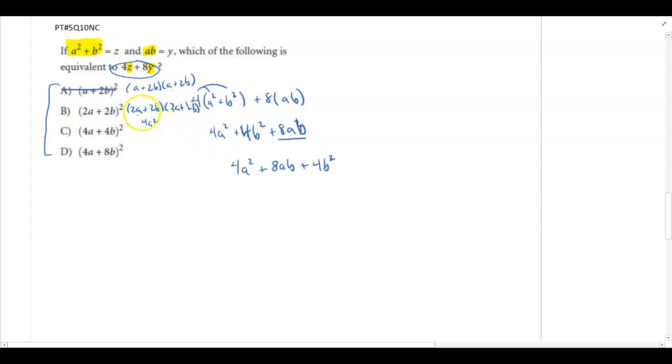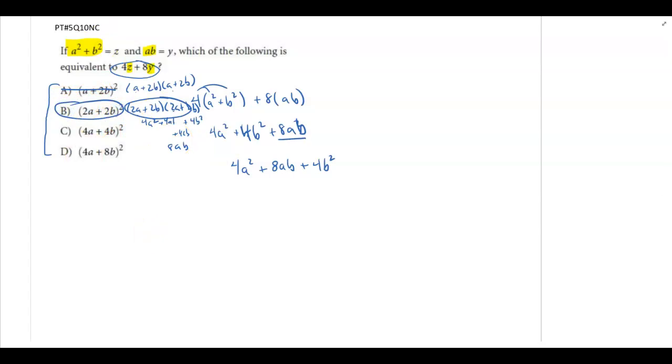That matches up. 2b times 2b is 4b squared. And now 2a times 2b is 4ab. 2b times 2a is 4ab. That's going to give you 8ab. So when you FOIL this out, it matches up with that. So it would be letter B.